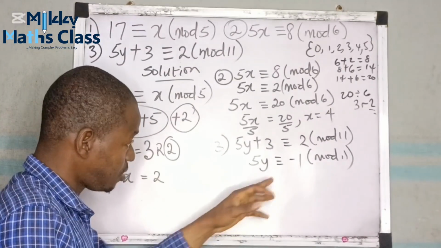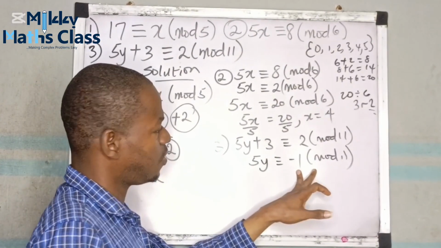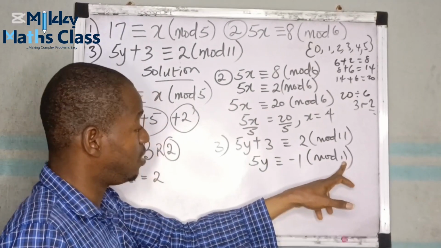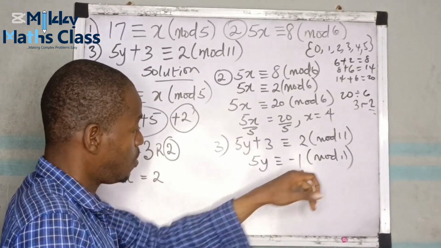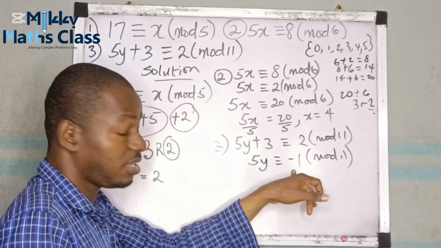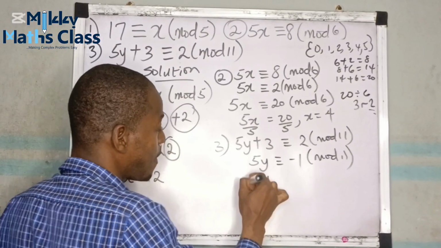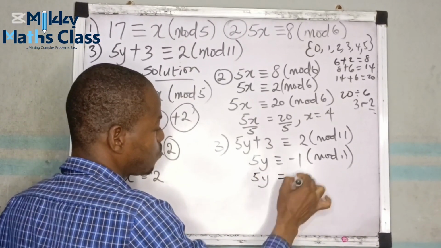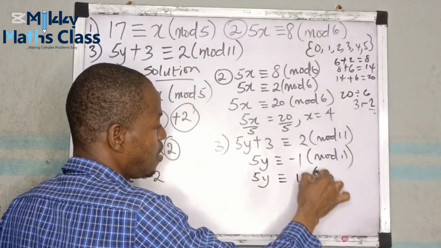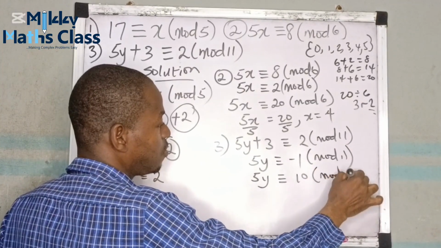Now, from here, let's add mod 11 to this. When we add 11 to negative 1, we'll have 10. So this becomes 5y is equivalent to 10 mod 11.